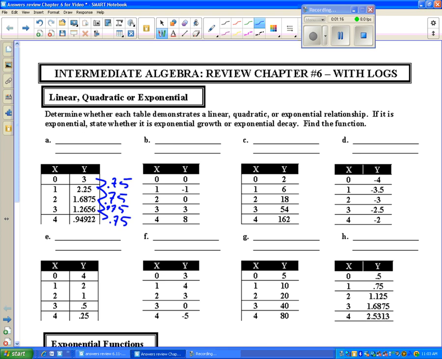So this is going to be exponential. My successive quotient here is less than 1, so it's exponential decay. So my equation is y is equal to my a is y when x is 0. So that's 3 times my b, which is 0.75 to the x power.